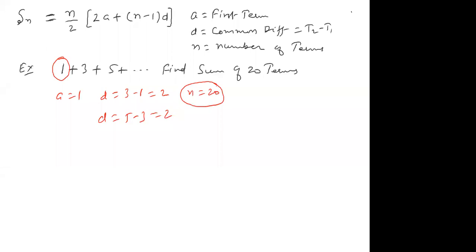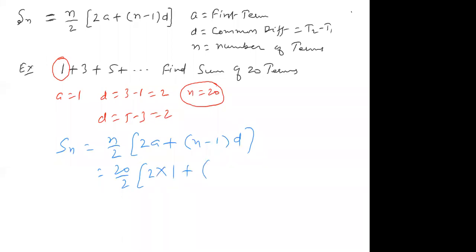So first write the formula: Sn is equal to N upon 2 into 2A plus N minus 1 into D. Now in this formula, put the values. N is equal to 20 upon 2, into 2 times A, which is 1, plus 20 minus 1 into D. D is how much? 2.